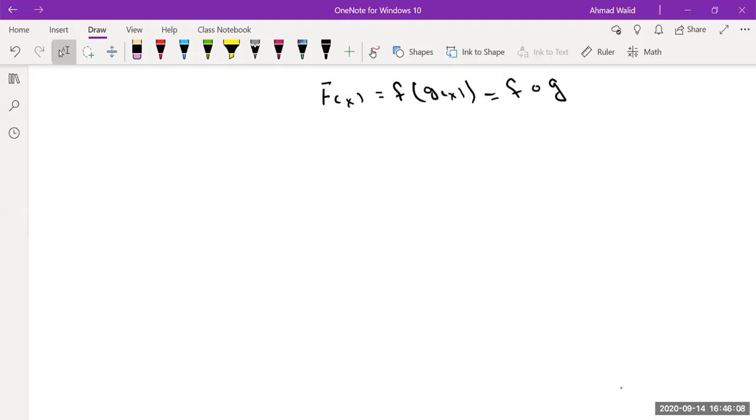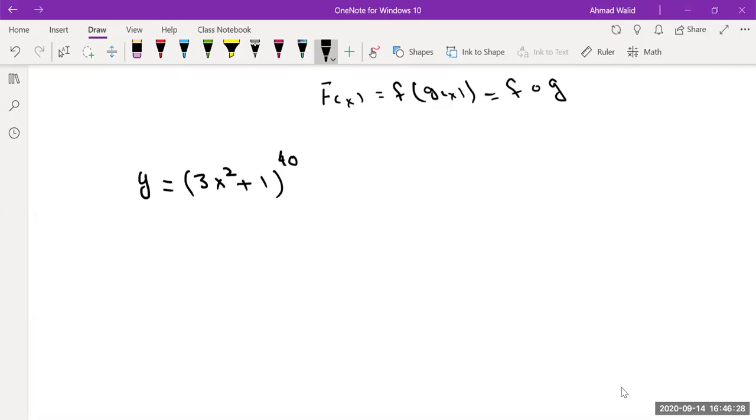Let's take this example. For example, I have y equals 3x squared plus 1 to the power of, let's put a big number, to the power of 40.